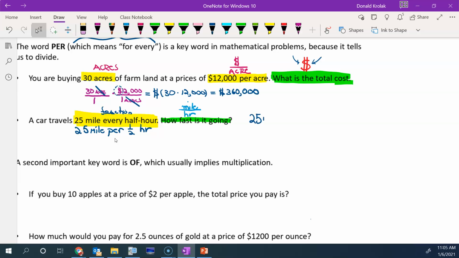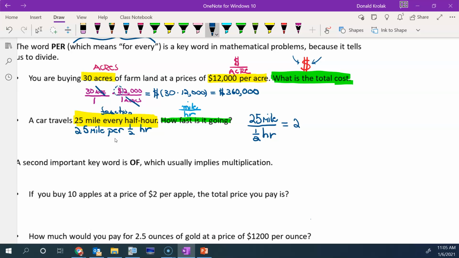So this gets written as a fraction. 25 miles, 1/2 hour. So if you look at it, the label is already set up the way we want it, miles over hours.